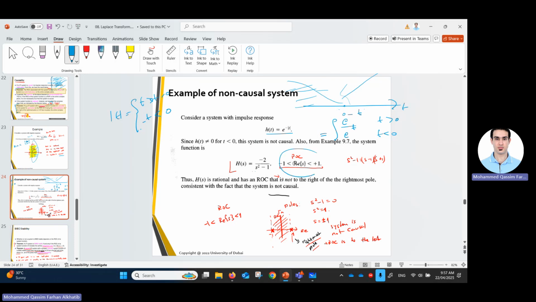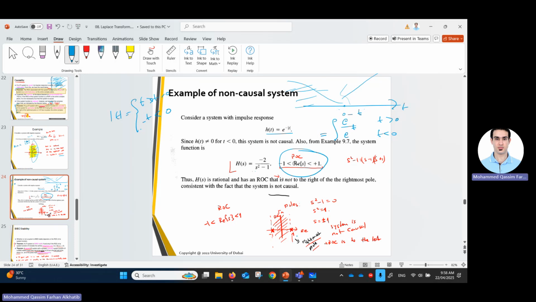So that's the region of convergence here. And there you go, you have this expression. Now, when you look at the region of convergence, it's not the entire right half plane. It's bounded between -1 and 1. So in this case, the system will not be causal. Clear? You get the idea here?